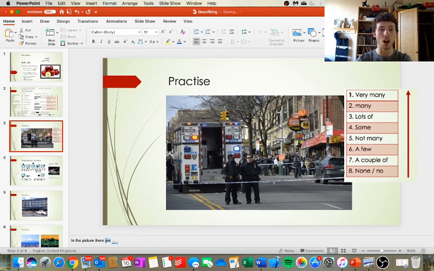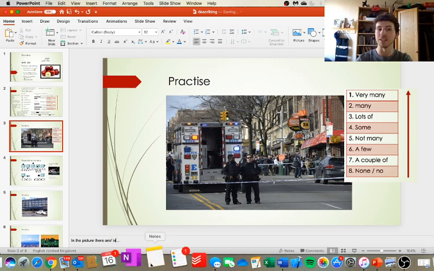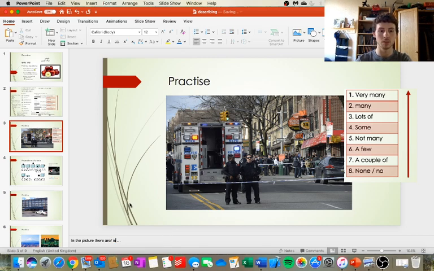So we say are for more than one thing. If there's only one of the thing, we say is. There is for one thing. There are for many things, more than one.